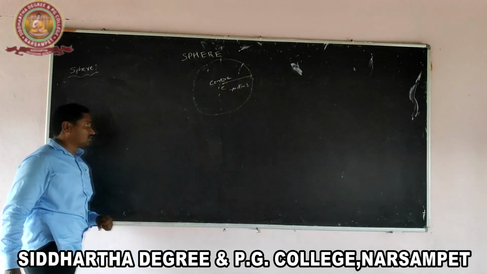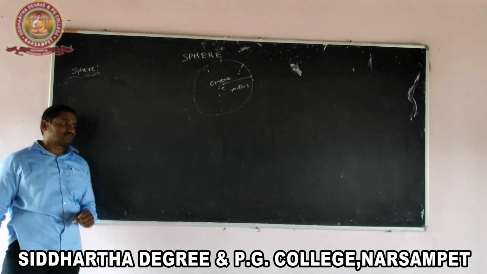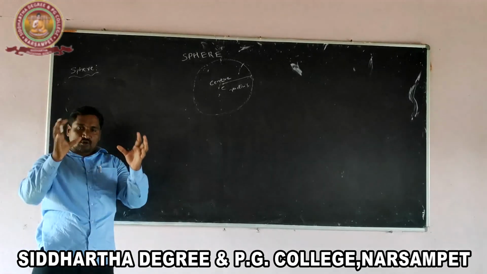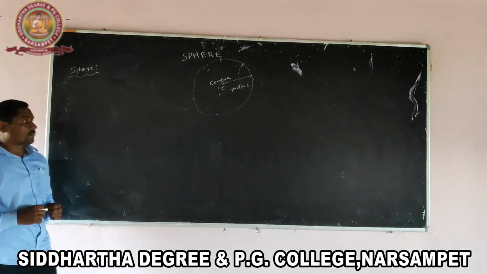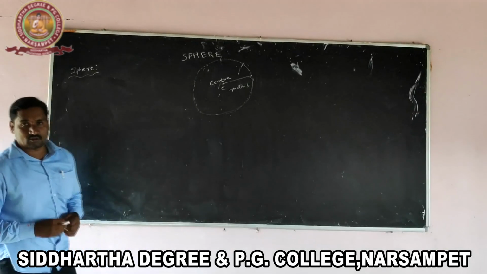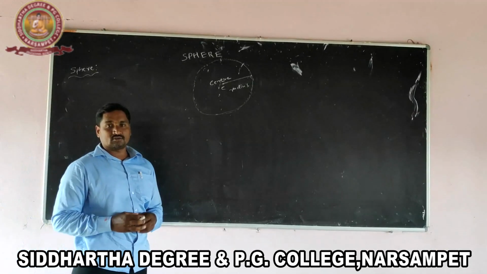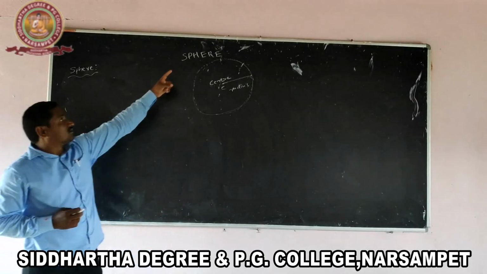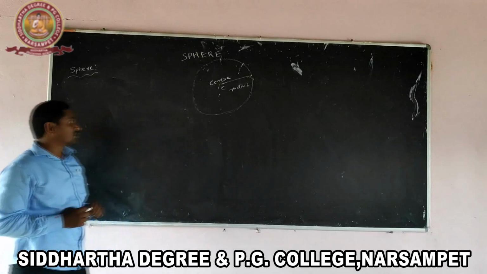For example, in our daily life, if you take a globe, the surface of a globe is a sphere. If you take a cricket ball or volleyball, its surface is a sphere.